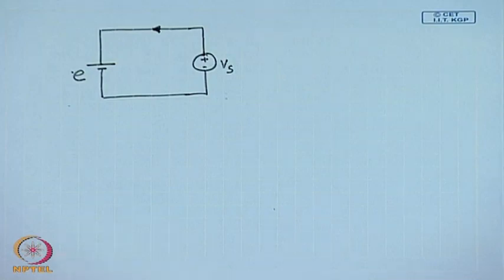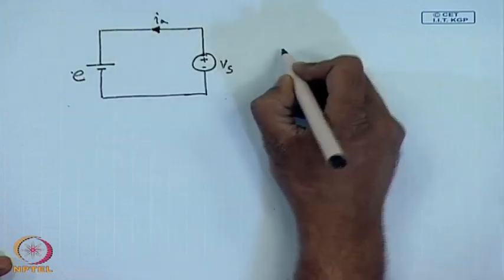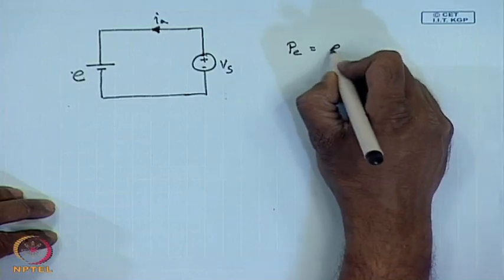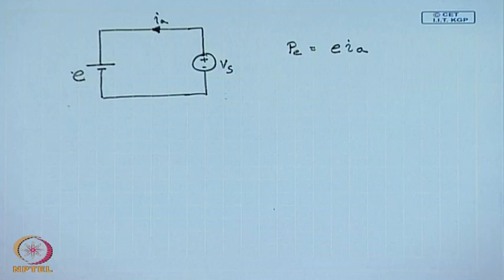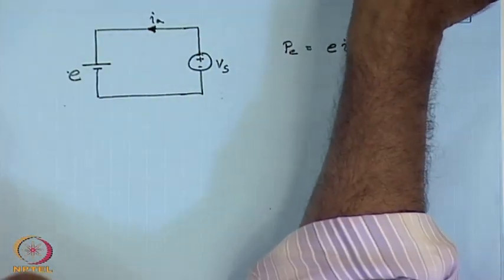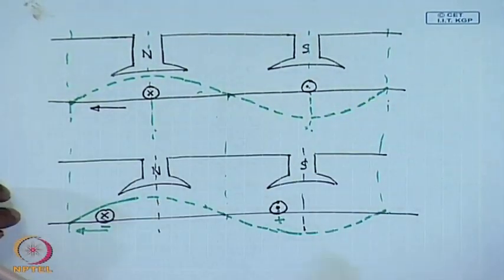Therefore, in order to send some current into the conductor, some amount of electrical energy has to be spent, which is given by electrical power E into I A. So, this is the electrical energy accepted, and because of that there will be a torque generated in this machine which will make this body rotate.